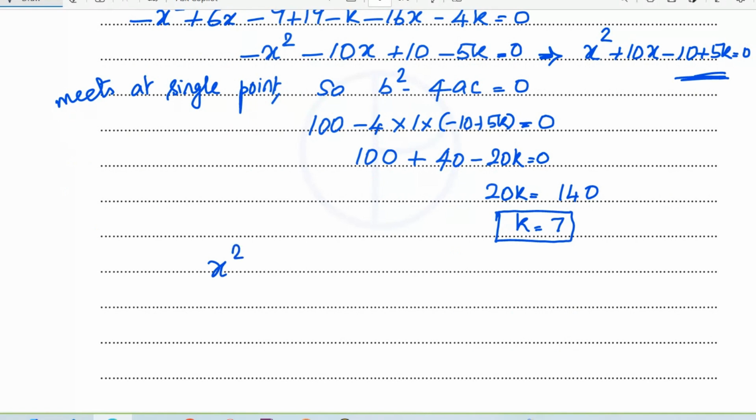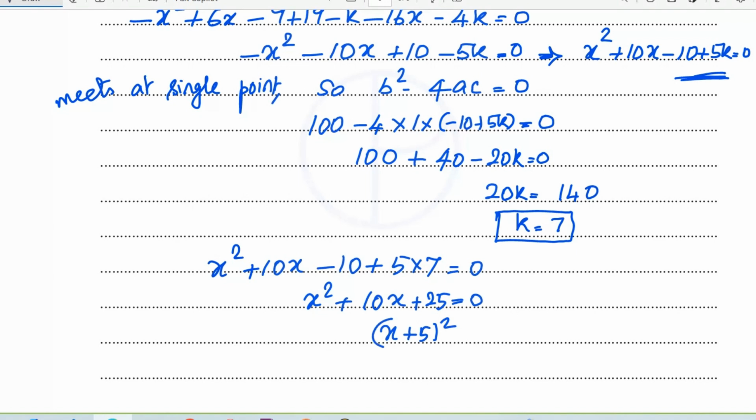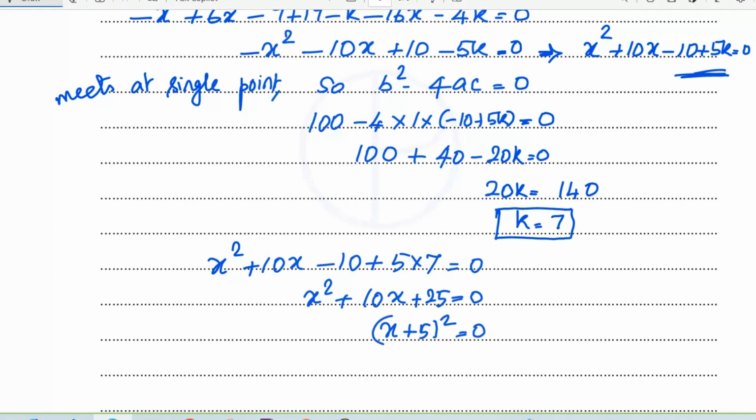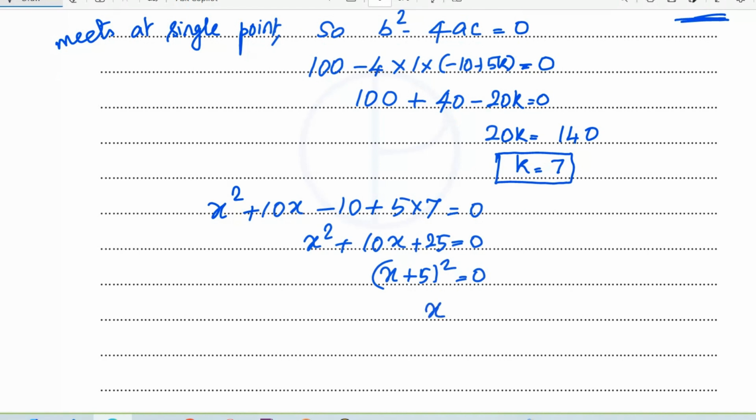So x square plus 10x minus 10 plus 5 multiplied by 7, minus 10 plus 35, so plus 25 equal to 0. This can be written as (x plus 5) the whole square. So x equal to minus 5.